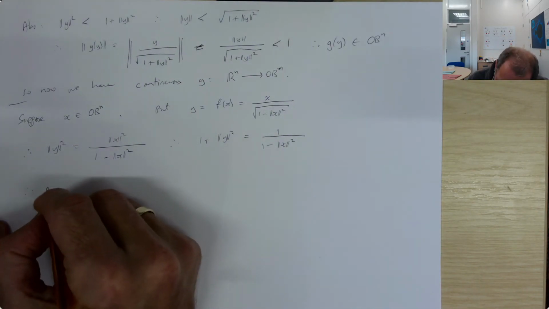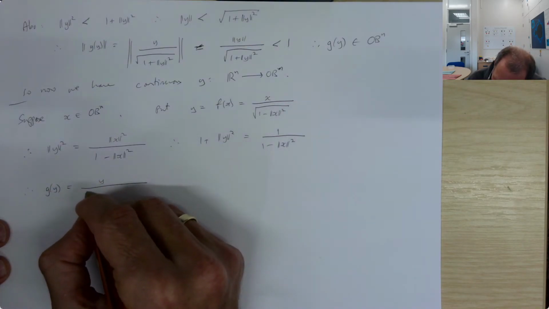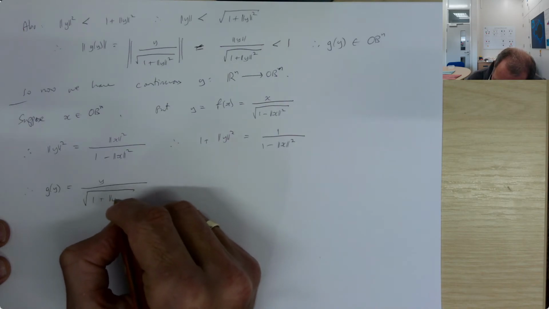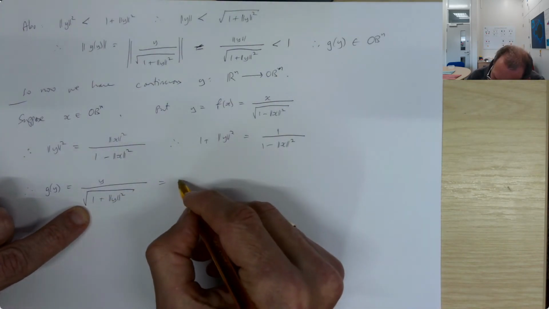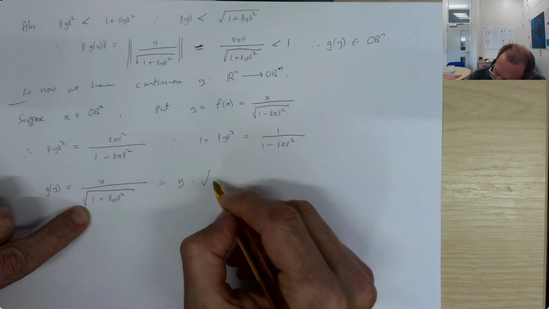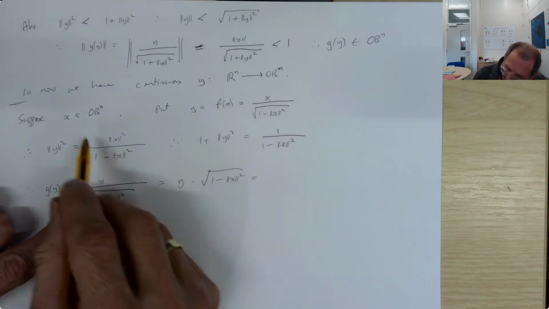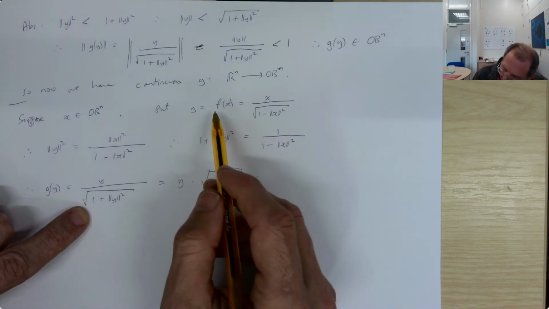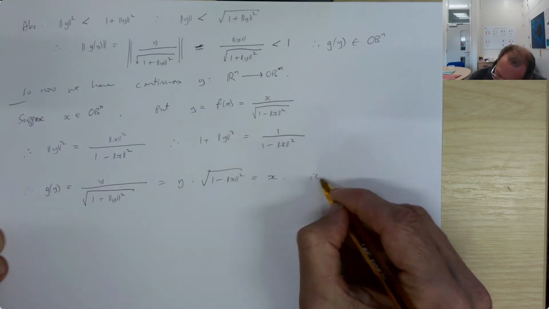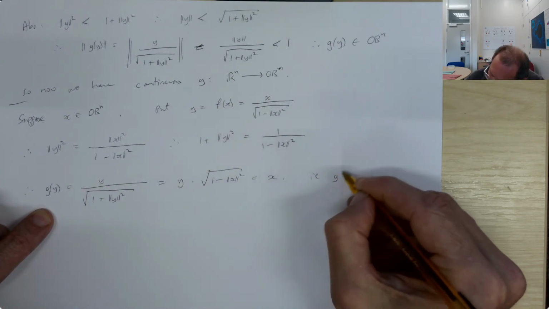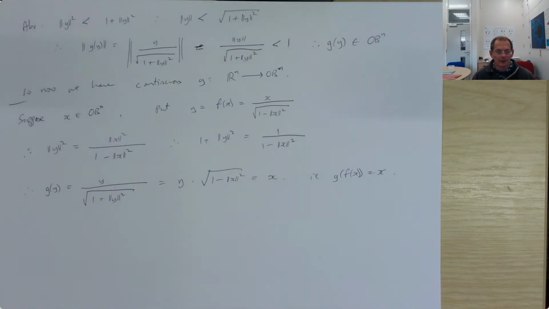So if we take g of y, that's y divided by the square root of 1 plus norm y squared. Because you're dividing by the square root of that, that's y times the square root of 1 minus norm x squared. But then going back to the definition of what x was, that's just equal to x. But y, remember, was f of x, so g of f of x is equal to x.